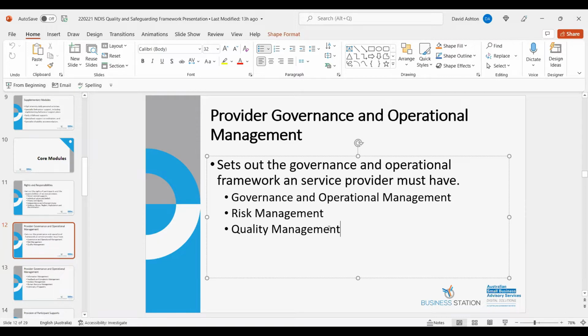So, quality management, as I said, ability to meet your legislative and other compliance obligations, looking at internal audits to make sure that you're fulfilling the requirements of the standard and other of the quality of the NDIS standards and other requirements, and that you've got a process in there for continuous improvement.